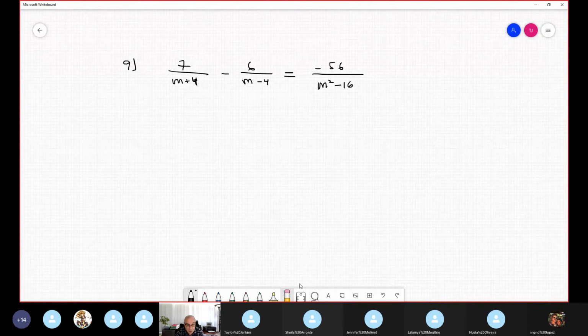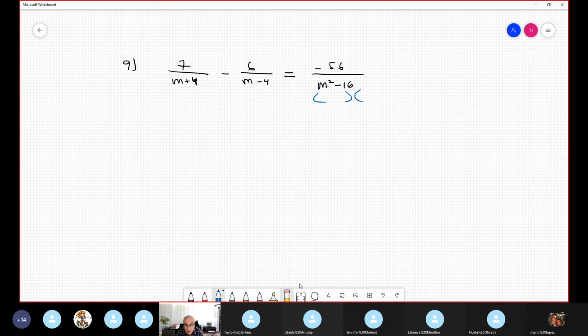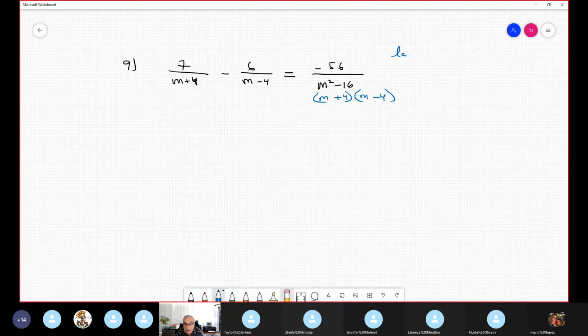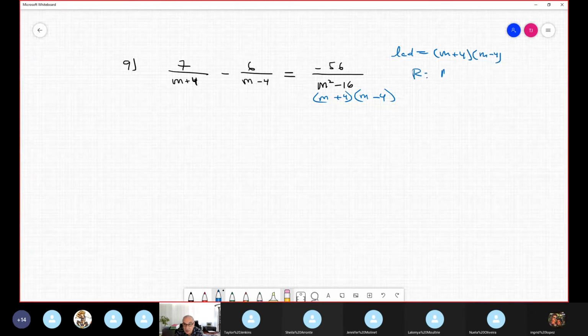Okay, factorization: the denominators are prime, but this one is not prime. It is m squared minus 16, which factors as (m plus 4)(m minus 4). Our LCD is (m plus 4)(m minus 4), and the associated restrictions are positive 4 and negative 4.